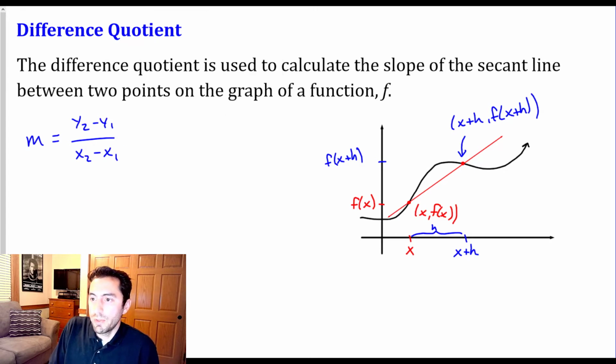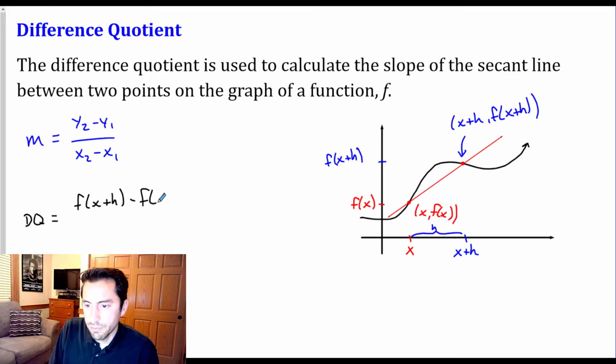And now using those 2 points, we can plug them into our slope formula, and we'll end up with something that represents our difference quotient. So we'll start with the further point here. So my 2 y values, we have f of x plus h minus the first one here, f of x. And then this is going to be divided by our difference in x values. So our farthest x value is x plus h, and then we'll subtract our first one, which is just x.